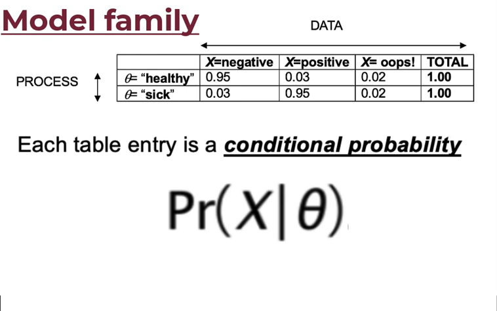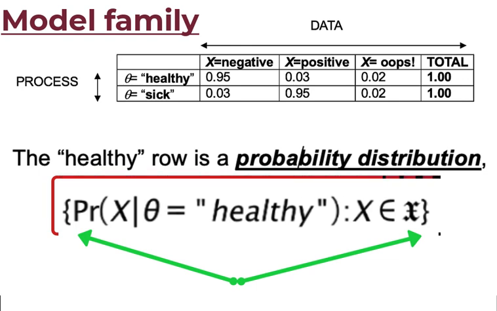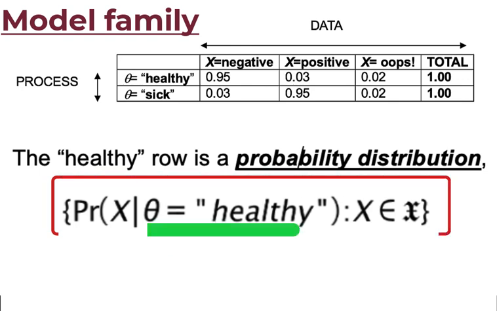Well, let's see. Pr with the curly bracket out front, X given theta equals healthy. If theta equals healthy, the probability distribution is given by these three numbers, 0.95, 0.03, and 0.02.